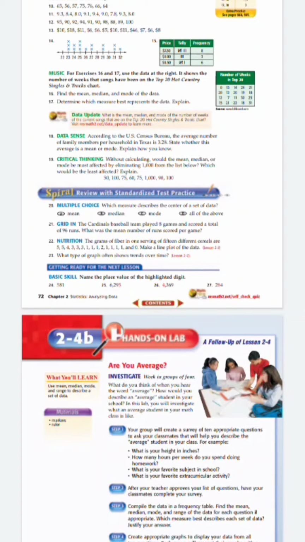What was the mean number of runs scored per game? 22. Nutrition. The grams of fiber in one serving of 15 different cereals are 5, 5, 4, 3, 3, 3, 1, 1, 1, 2, 1, 1, 1, 1, and 0.